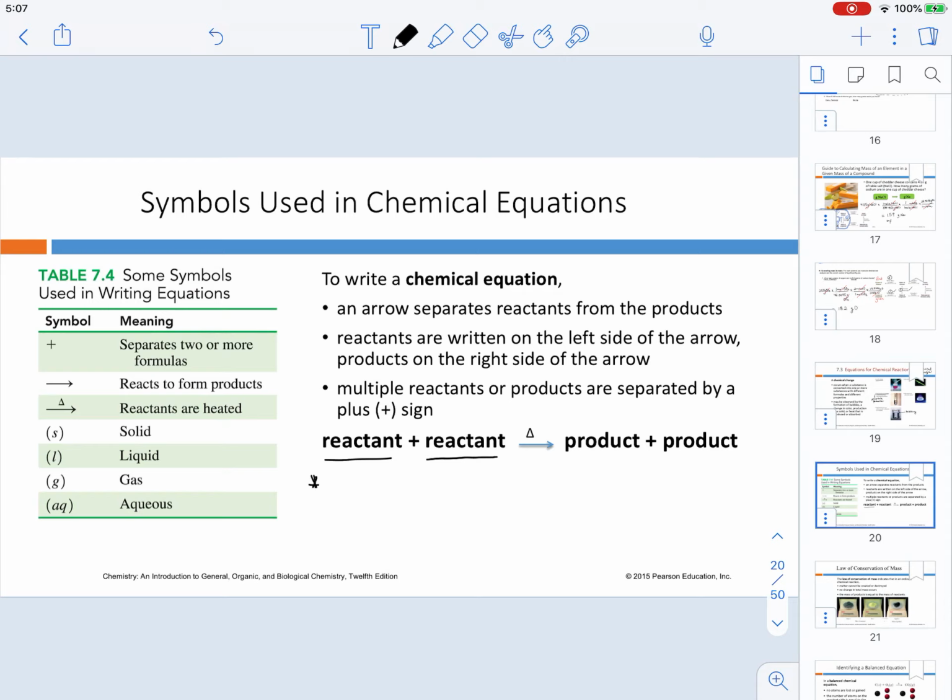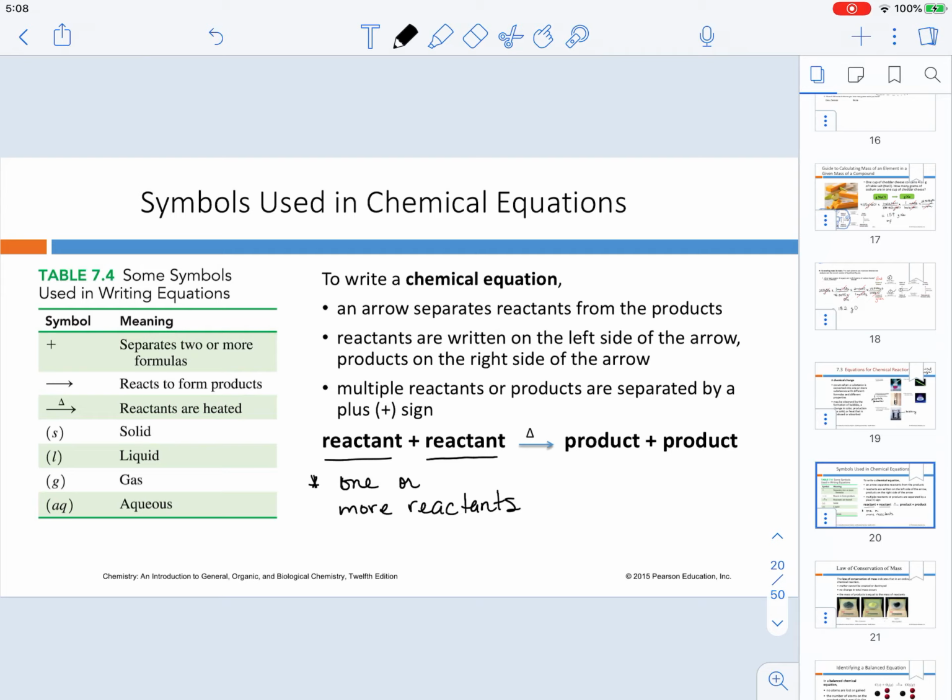Note that you can have one or more reactants. And as we're going to see later, there are some reactions that start with one compound and end up with several. Okay? That's just part of the whole idea.